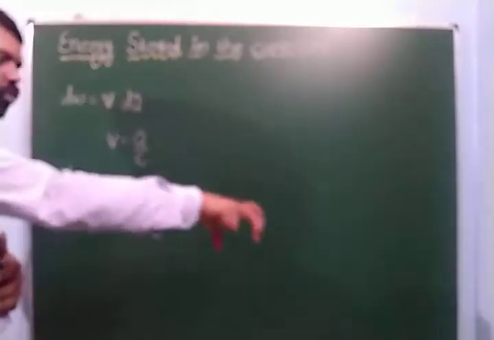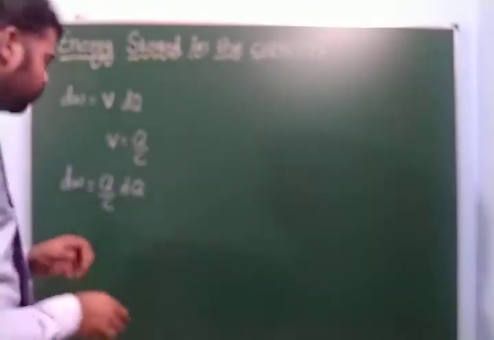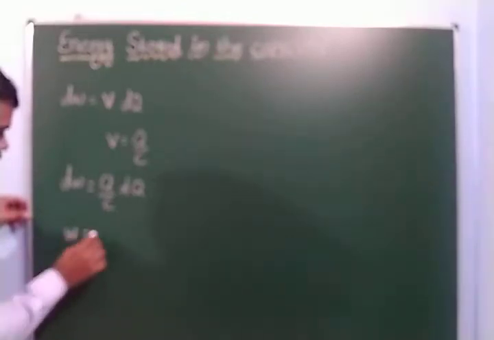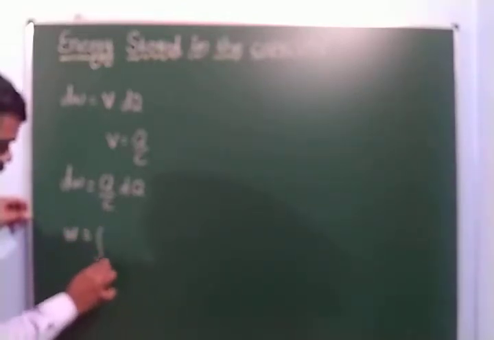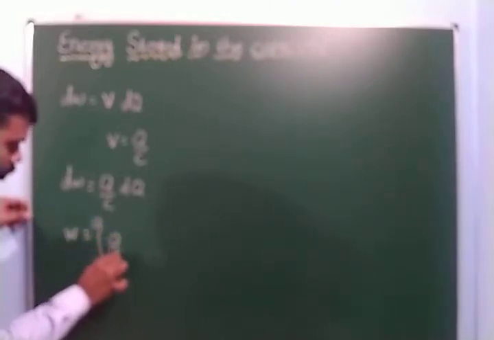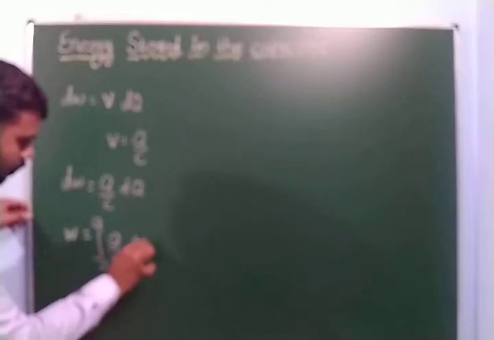Now I'm going to find the large work done. This is an infinitely small charge. The total work done to store a charge Q is W. So now we are going to integrate. W, that is the work done, is the integration from 0 to Q of q by C dq.